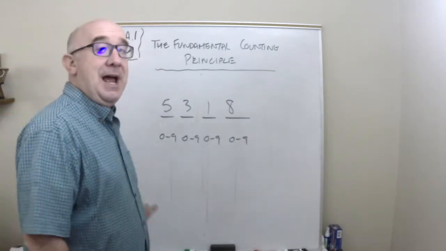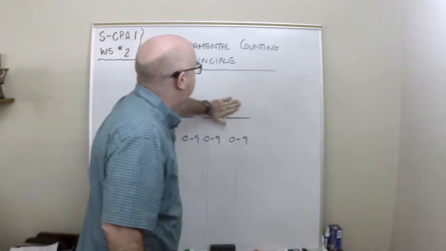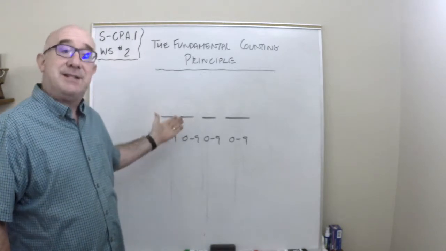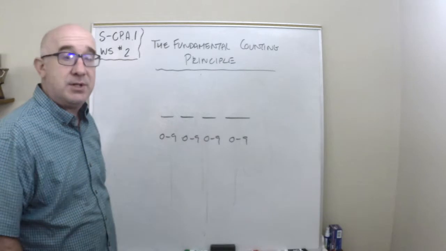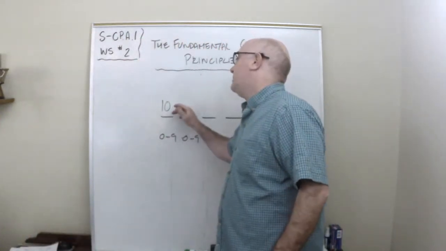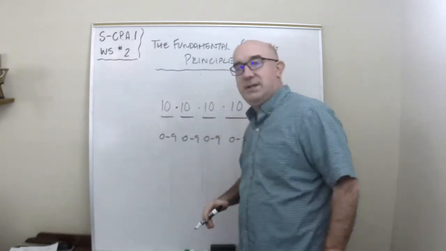And the question becomes, how many different lock combinations are there if there are 4 spots, and in those 4 spots you can have a 0 through a 9. Now don't be tricked, a 0 through 9 is 10 different numbers. So there's 10 different things that could be in here, and there are 10 different things here, and 10 different ones here, and 10 different ones here.